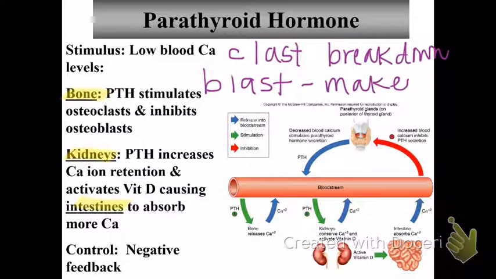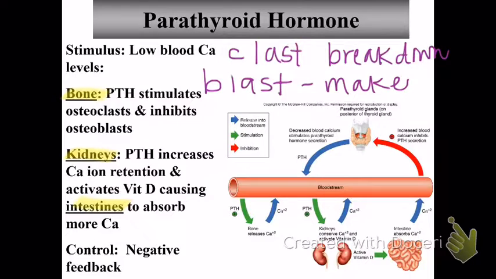Parathyroid also increases calcium retention in the kidneys and activates vitamin D in the intestines, so the intestines absorb more calcium from the food. So it acts on all three of those.